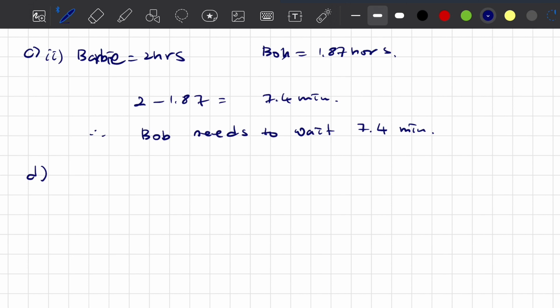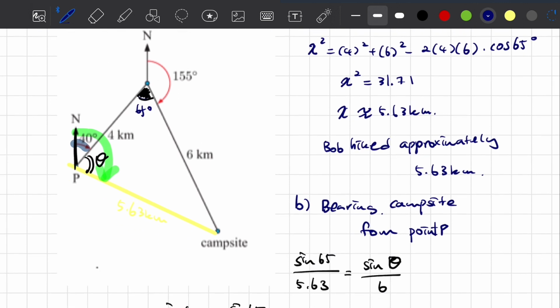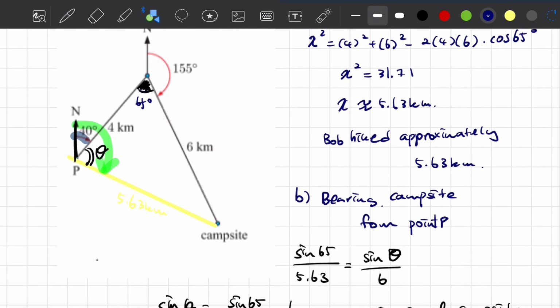Then question D, we need to identify the bearing that the hikers walk from the campsite to return to point P. That means we have to calculate the bearing from the campsite. We draw a true north line, and we need to calculate the bearing from this true north line to this yellow line.